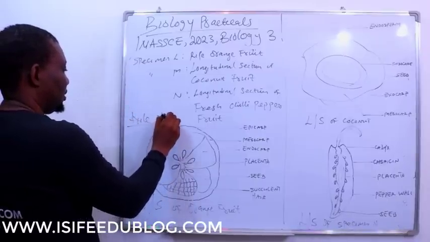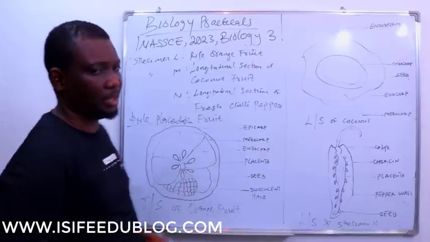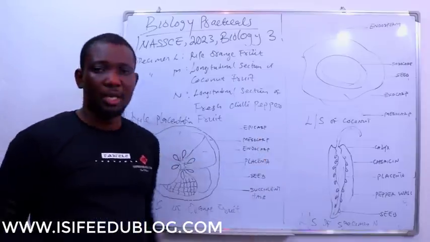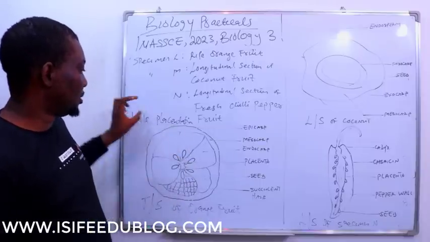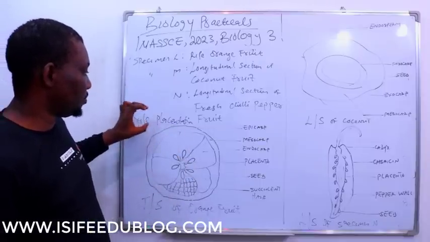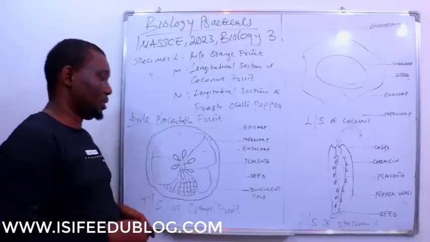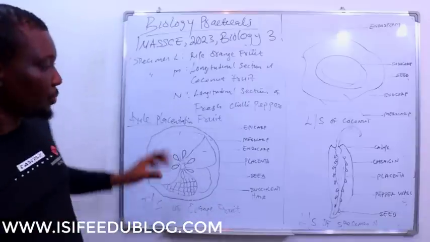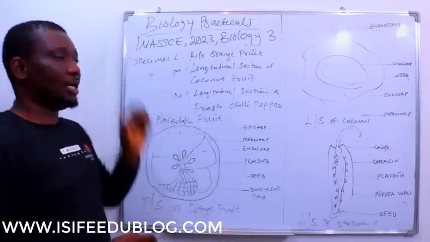That's the kind of placentation. And the reason why this type is common here is simply because of how the seeds are centrally arranged. Okay, please take notes: placentation, specimen L, is axial placentation.